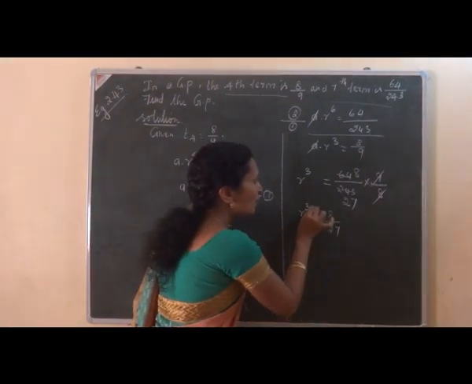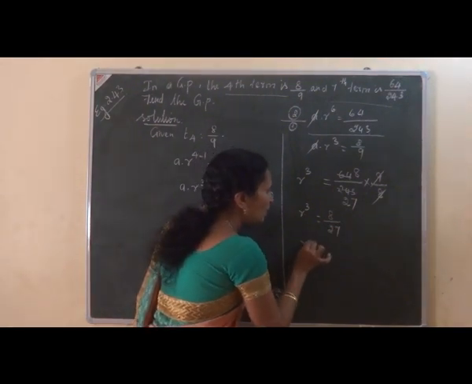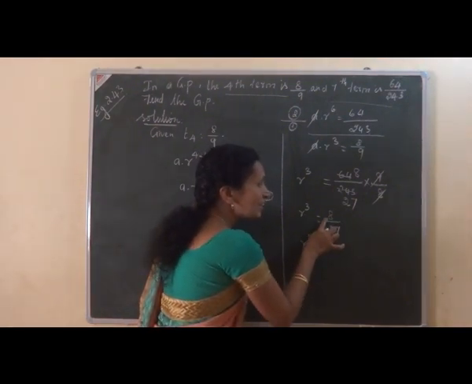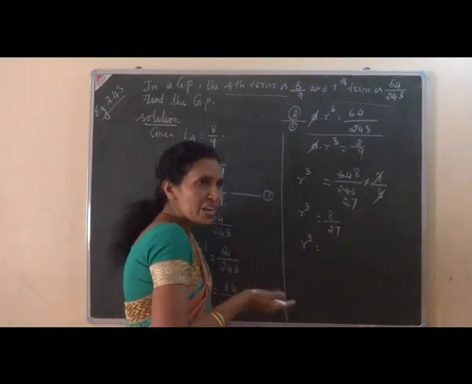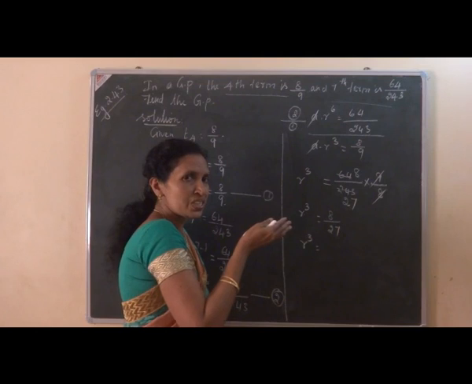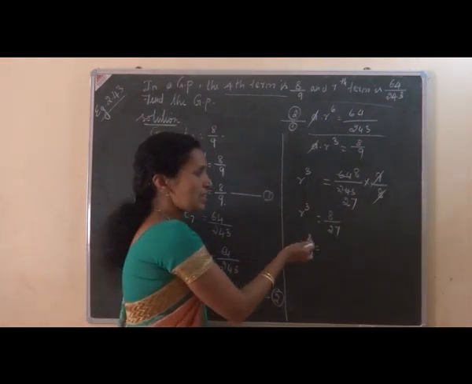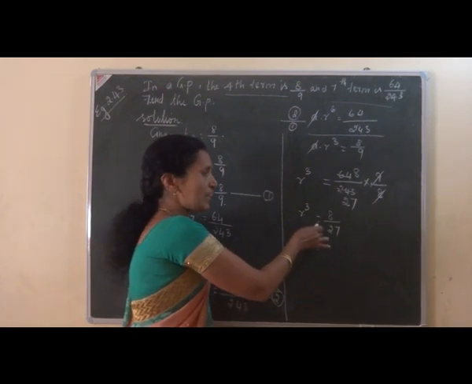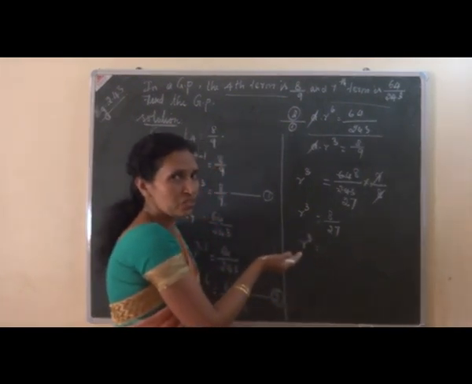So R power 3 equal to 8 by 27. Already I said, if the power is the same, the base is also the same. Here R power 3 is there. Suppose you take power 3, then you can equate the bases.